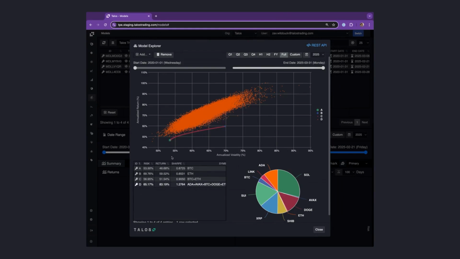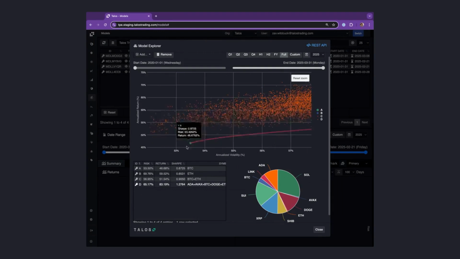The first thing you can see is this cloud of orange dots. These are the 50,000 fully invested random allocations of the KT10 constituents. One of the first observations from this analysis is that over the past 5 years, pretty much any allocation of those 10 constituents was superior to Bitcoin alone, Ethereum alone, or any combination of Bitcoin and Ethereum.